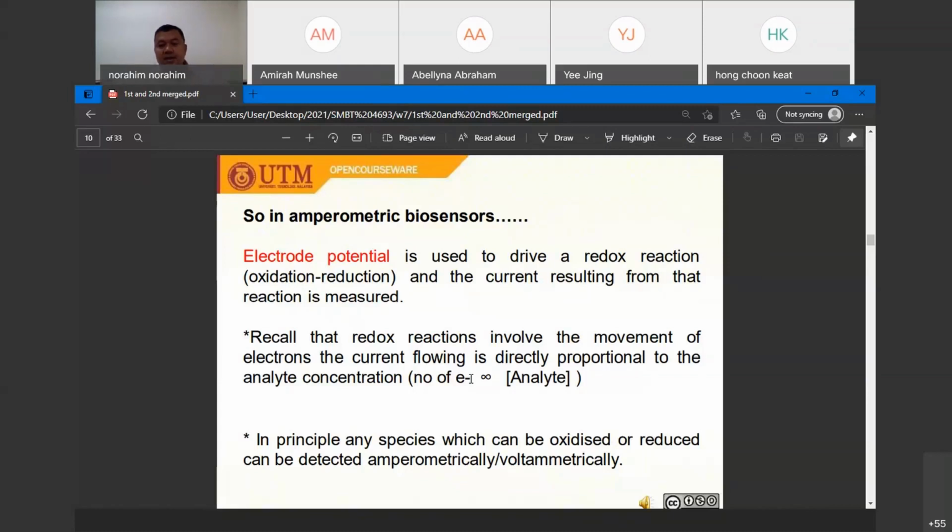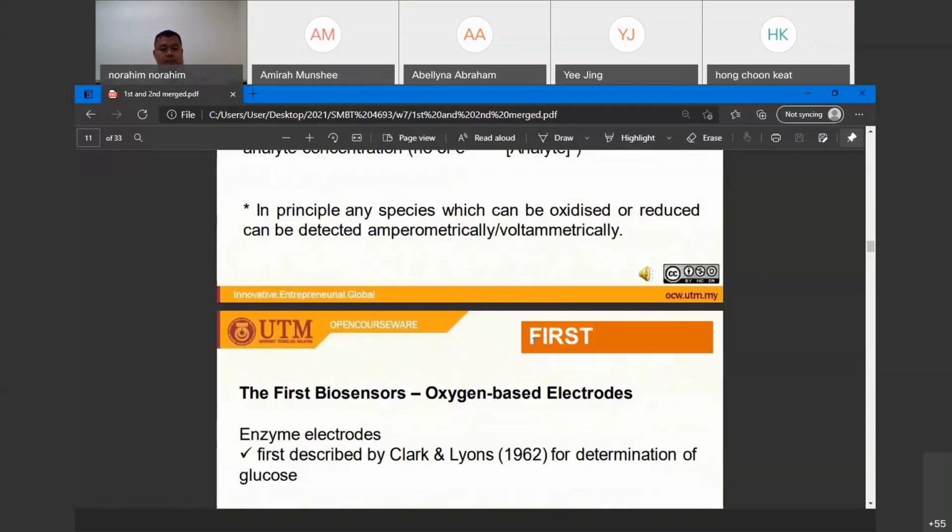So next, a question: what are the criteria for any target molecule to be detected? What is the requirement? It has to be able to be oxidized or reduced so that you can produce a signal that can be detected.